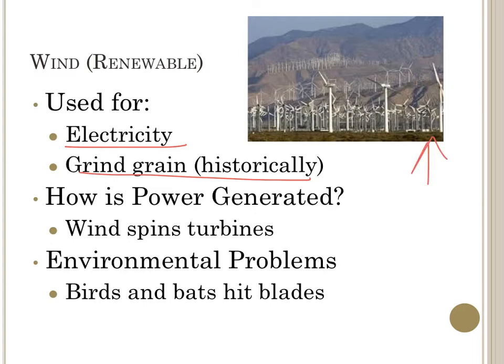So wind is probably the easiest to understand. Basically, in a windmill, you have your generator here at the top and turbines. So the windmill is basically a turbine. These are basically turbines here that spin. In some places, birds and bats hit the blades and they die, and we already have problems with our bats from white nose syndrome, and bats are extremely important because they eat bugs.